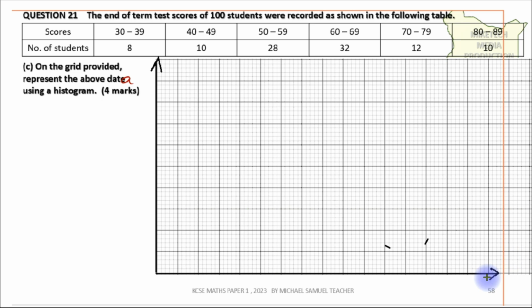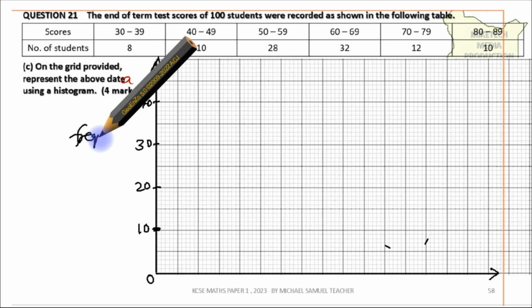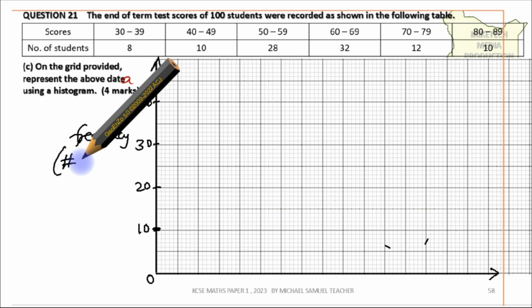Now from here 0. For the y-axis, we can use 2 big squares to represent 10. So 10, 20, 30, 40. That is the frequency, or in other words, the number of students.